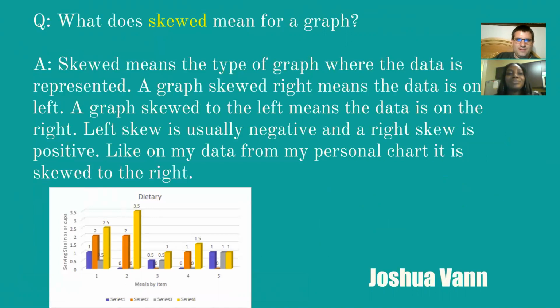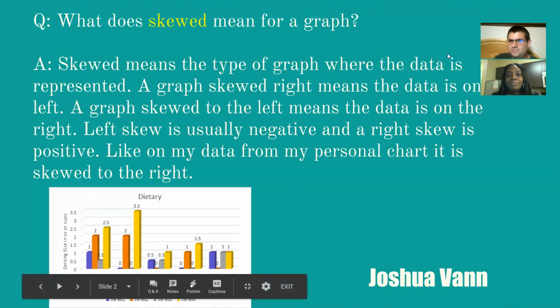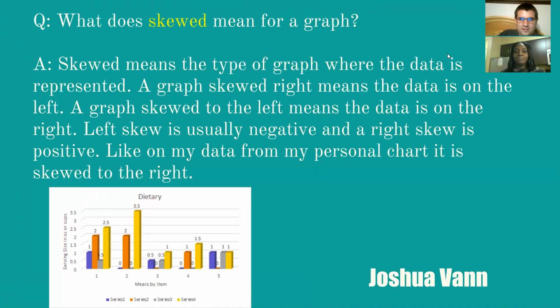Skewed means the type of graph where the data is represented. Skewed right means the data is on the left.